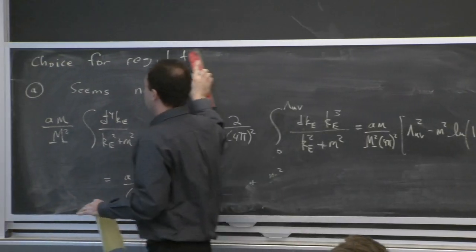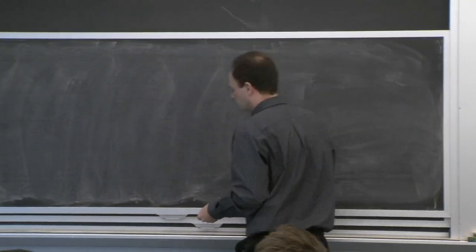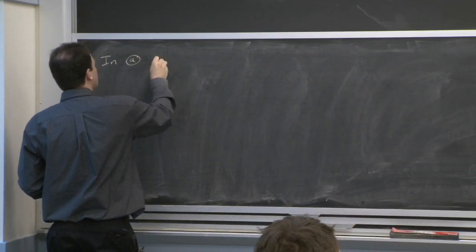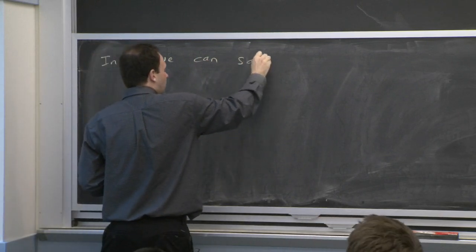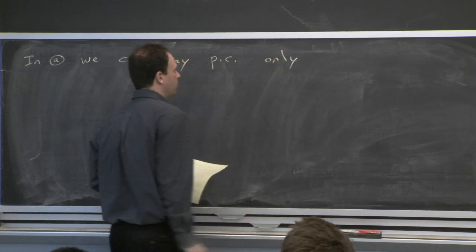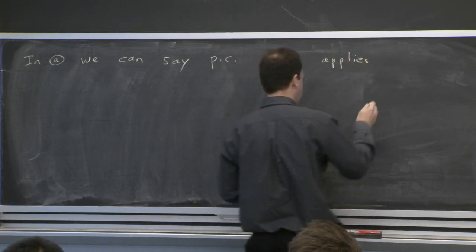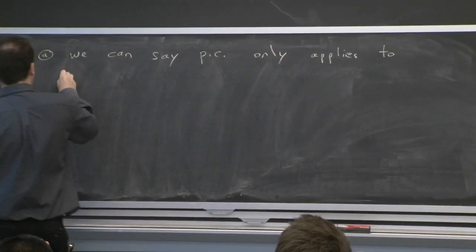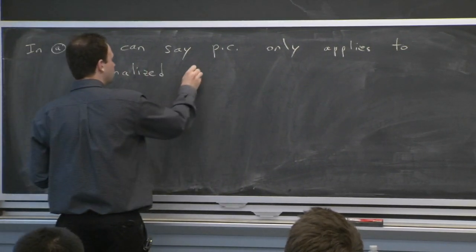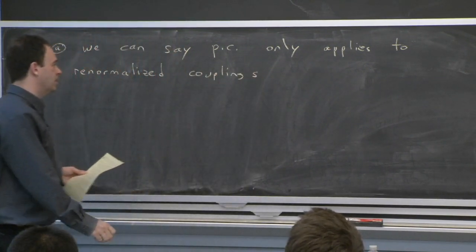So what do we say about case A? Well, if case B didn't break the power counting, then case A does. But you can say something a little bit more positive about case A. And that is that when you think about case A, you can set up the theory with renormalization conditions such that you can restore power counting in the renormalized graphs and renormalized couplings and renormalized operators.